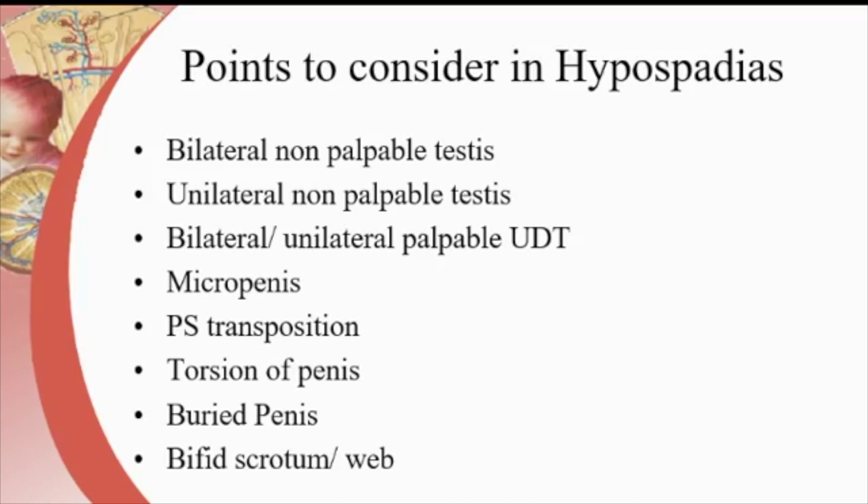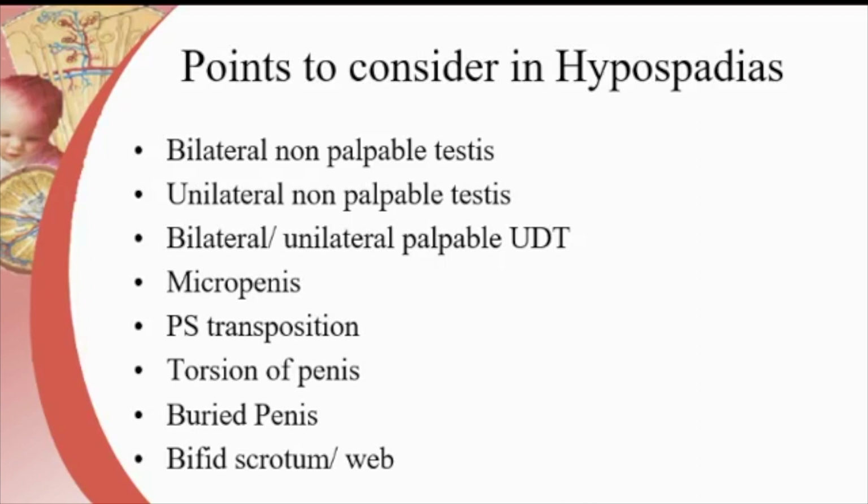Even in those with a unilateral non-palpable testis, if one testis is palpable and the other is not, you can still have problems like mixed gonadal dysgenesis, where a karyotyping will reveal 46XY or XO. When you have bilateral palpable testes, they can be in the scrotum or in undescended locations.